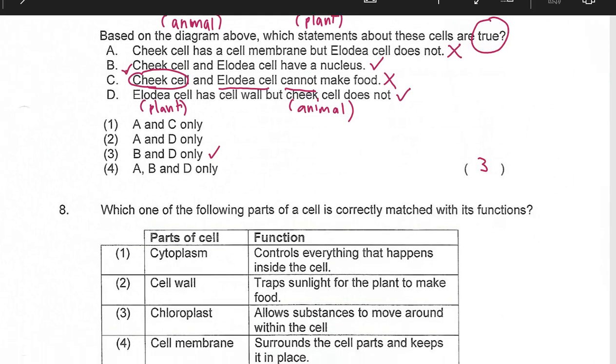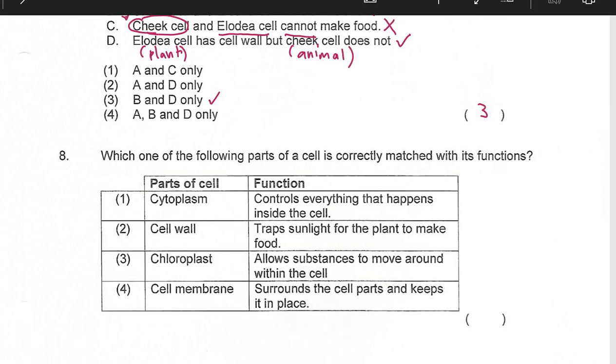Let's go on. Now, which part of the following cell is correctly matched? Again, I want to look at this keyword, correctly. Cytoplasm is a jelly. Is the jelly the one that controls? Not true. Because when we talk about control, we are talking about the nucleus. Now, a cell wall is the one that traps sunlight.